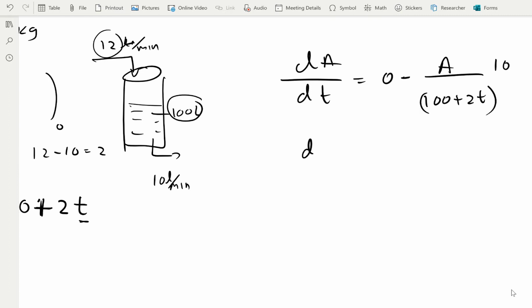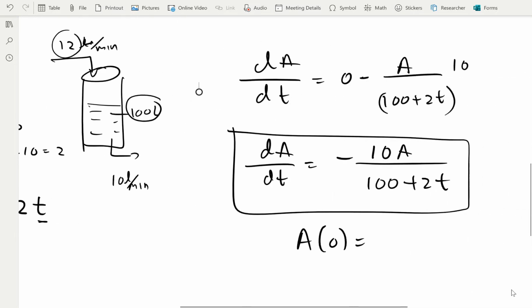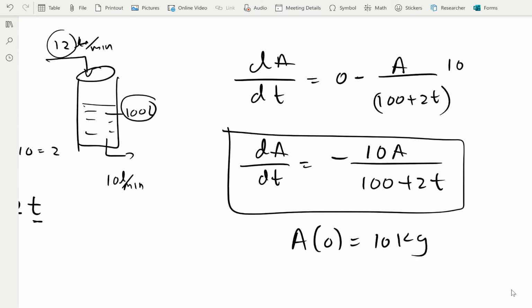That's the differential equation. So it's dA over dt equals negative 10A divided by 100 plus 2t. And the initial amount is 10 kilograms of salt. This is the differential equation. So the only difference is that volume story.